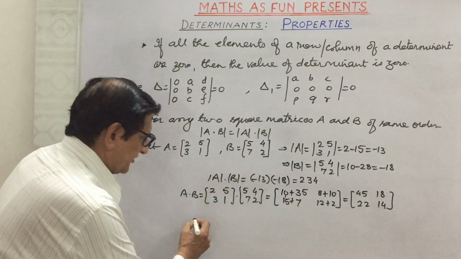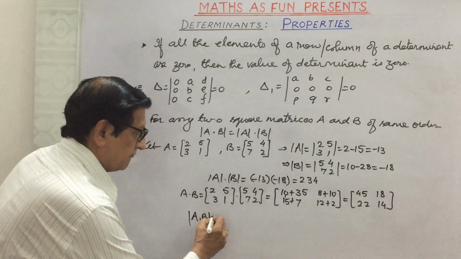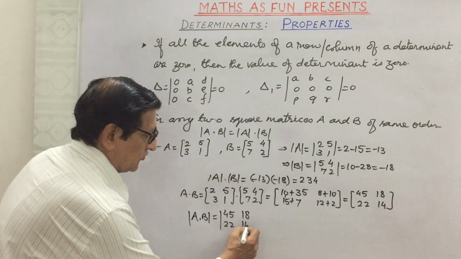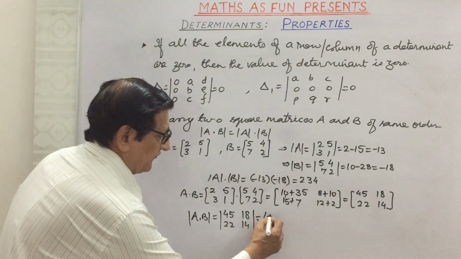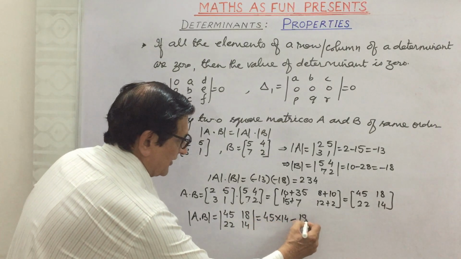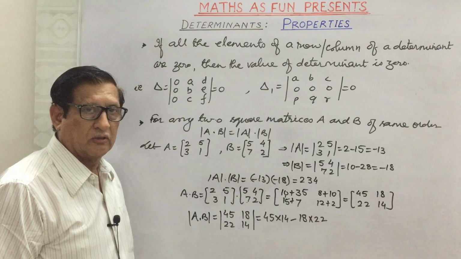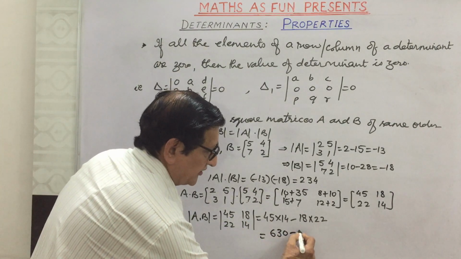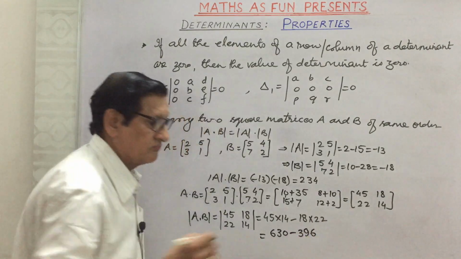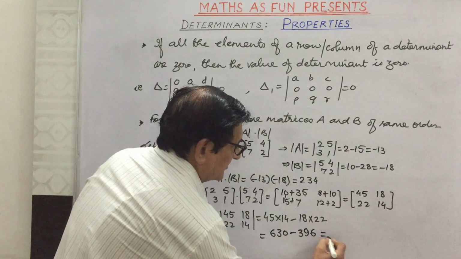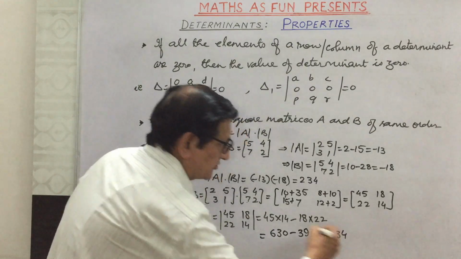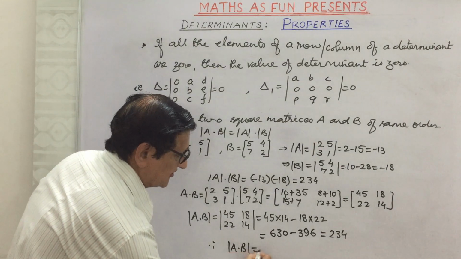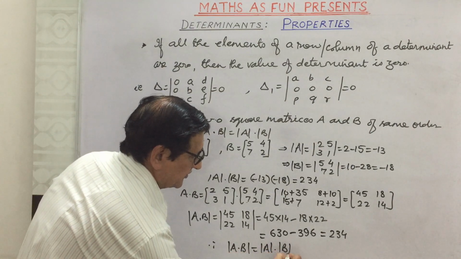If we find the value of determinant AB, that will be 45, 18, 22, 14, or you can say 45 into 14 minus 18 into 22, which is equal to 630 minus 396, and this is coming as 234. So do we find that determinant A into B is equal to determinant A into determinant B?